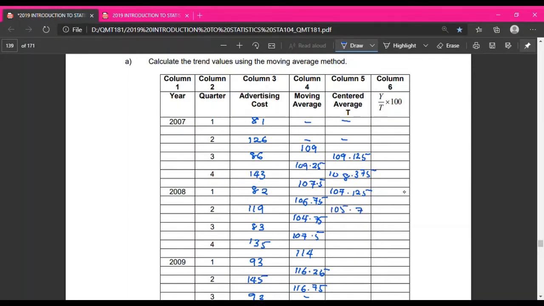Then 106.125, then 110.75. Then 114 plus 116.25 divided by 2.